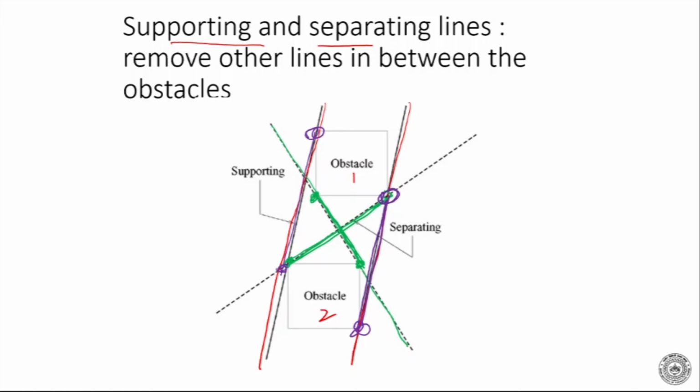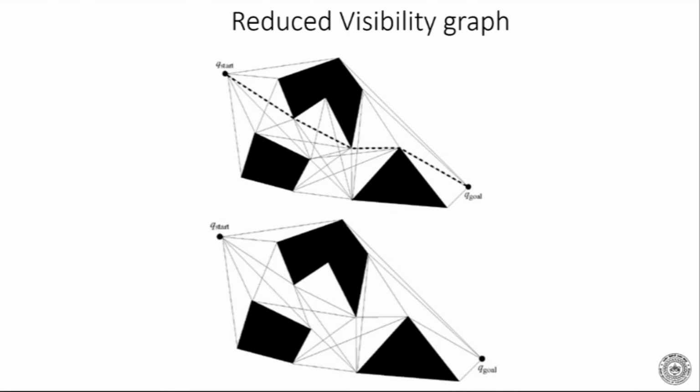So basically, if you just have supporting edges and separating edges, you don't need any other lines, because any other line coming in between will just add length, nothing else. Okay, suppose from here I go here, then I come there. This is longer than going straight like this. Okay, so what I can do is I look at all the concave parts, use separating and supporting edges, and remove the other lines.